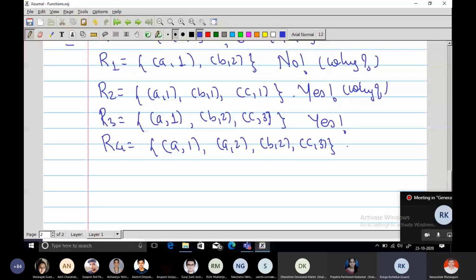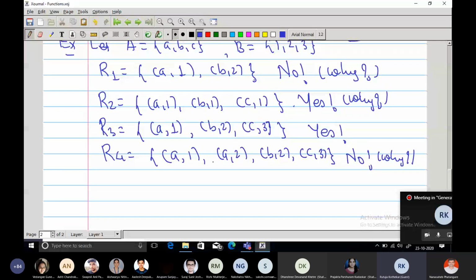What is the difference between R2 and R4? A single element a is assigned with two elements in B. Right. So a single element a is assigned with two distinct elements, and therefore what is the proper assignment of a? That is not clear, and therefore this is not a function.